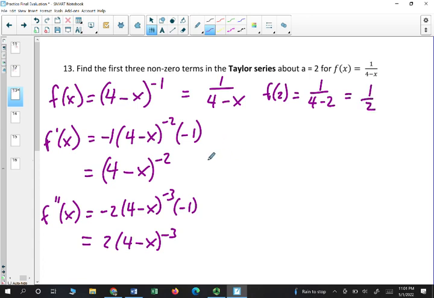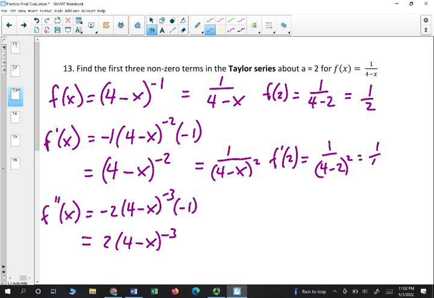Okay, this one becomes 1 over 4 minus x squared, denominator. So that means f prime of 2 would be 1 over 4 minus 2 squared. So that's going to be a 2 squared is 4, so 1/4.